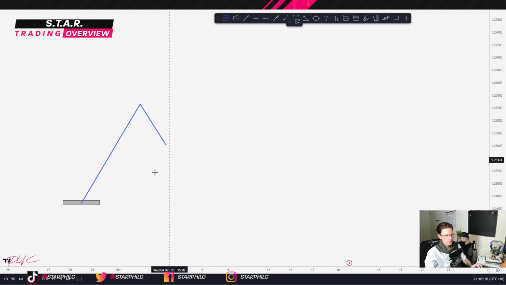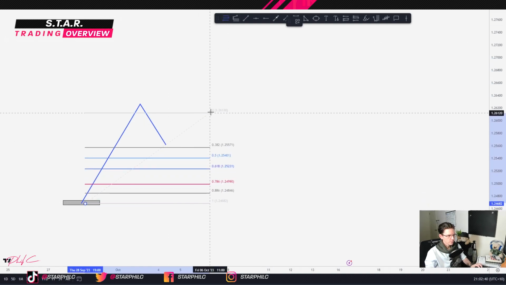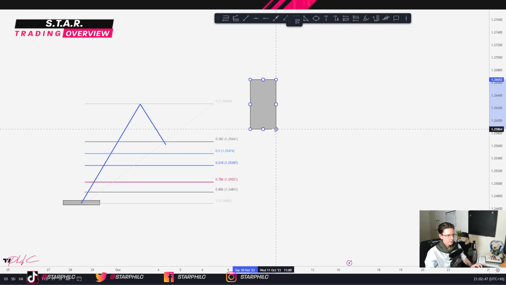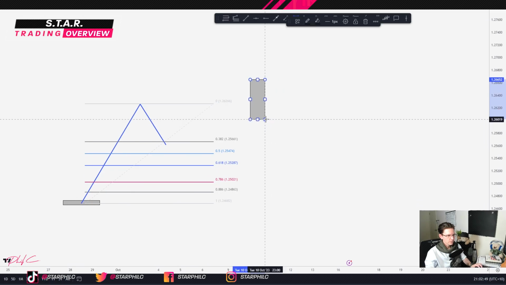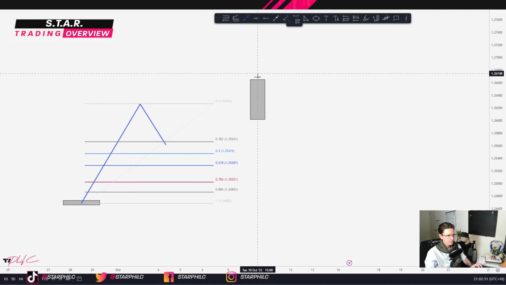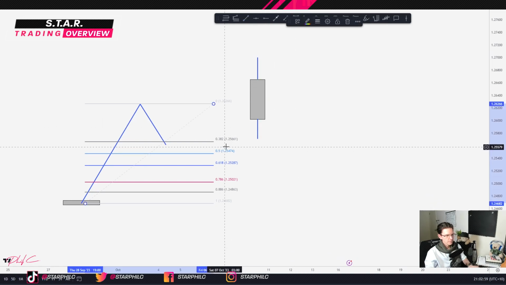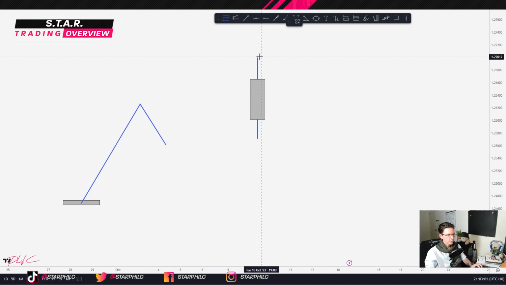So grab the retracement tool and go from swing low to swing high, like so. When you are doing the swings, make sure it's from the wicks. So if this is your candle right here, and this is your top wick, and the bottom wick like this, when you are drawing a fib retracement, we want to take it from the wicks and not the body.